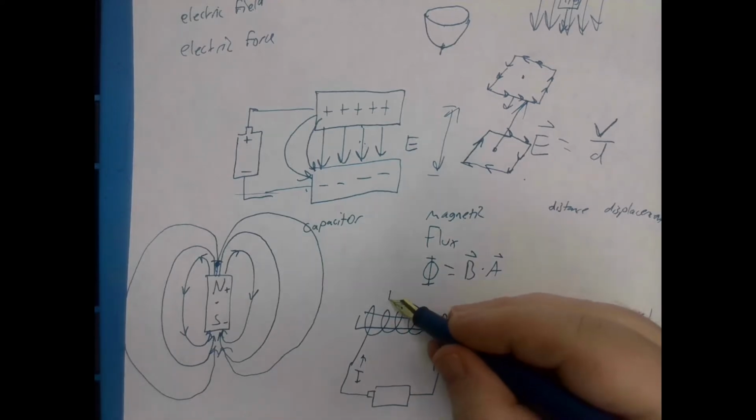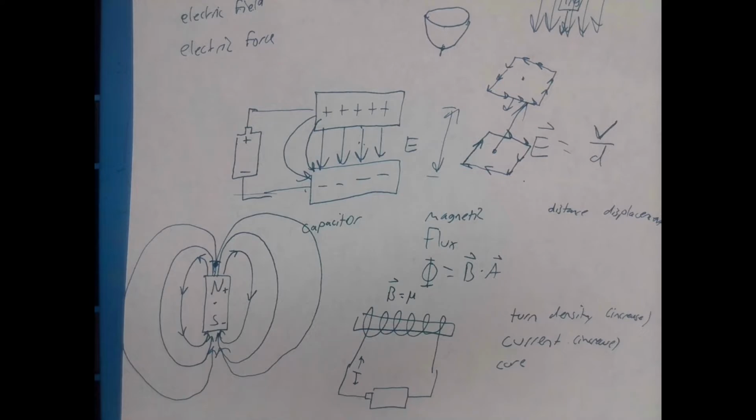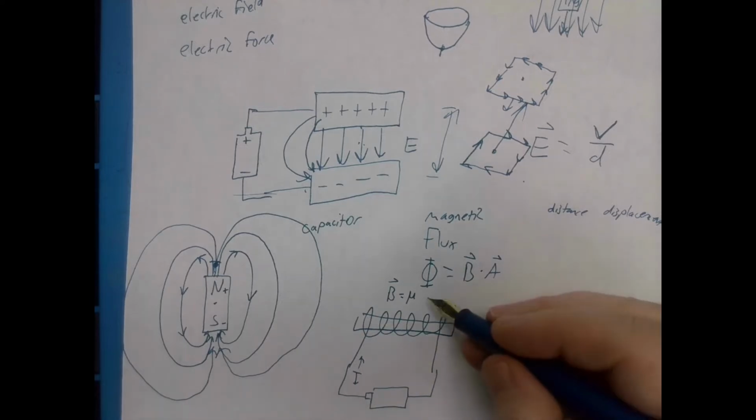Remember, the equation is magnetic field is equal to permeability. No, it's not mu naught, it's just permeability, because mu naught is for a vacuum. Then turn density, which is done with a capital N, times current.